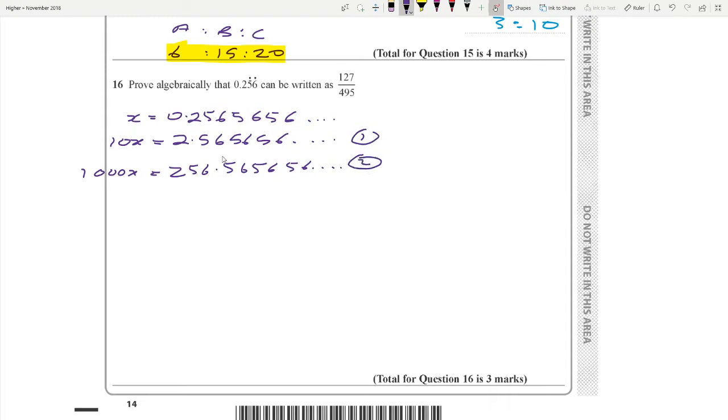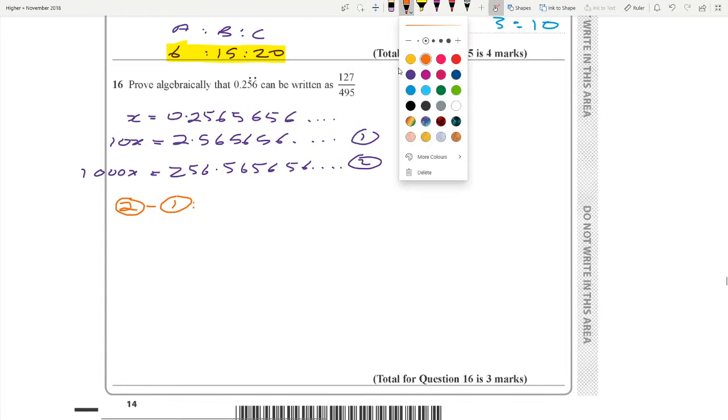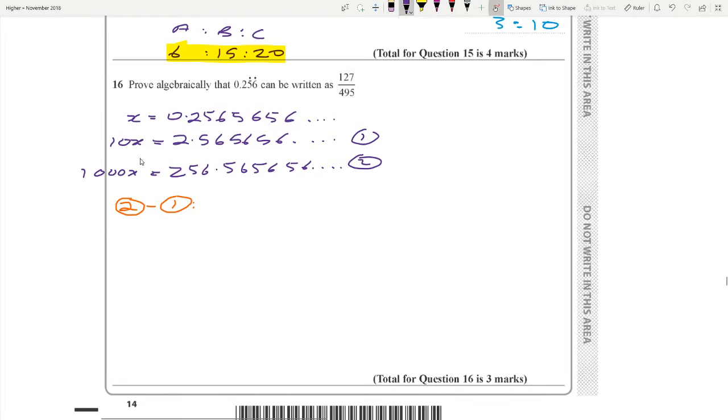Now to eliminate those recurring values, we're going to do equation 2 minus equation 1. So we get 1000x take away 10x is 990x. The recurrings basically cancel out, don't they? So we're just left with 256 take away 2, which is 254.